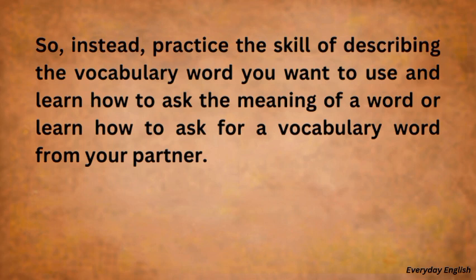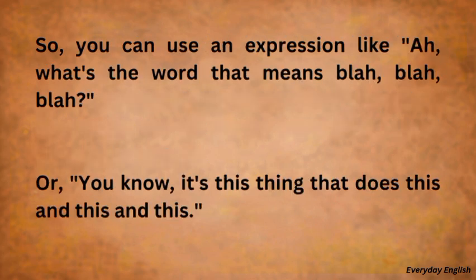So, instead, practice the skill of describing the vocabulary word you want to use, and learn how to ask the meaning of a word, or how to ask for a vocabulary word from your partner. You can use an expression like, "What's the word that means blah blah blah?" Or, "You know, it's this thing that does this and this and this."